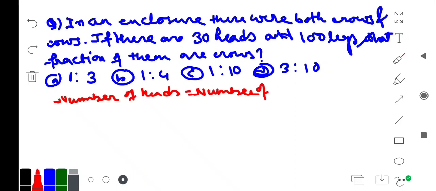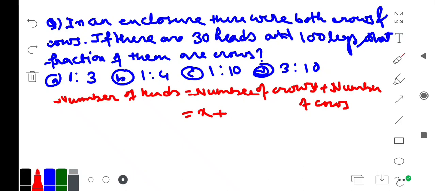So number of heads equal to number of crows plus number of cows. Let the number of crows be x and the number of cows be y. And heads are given as 30.